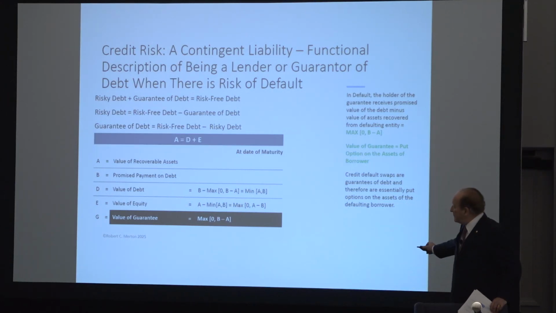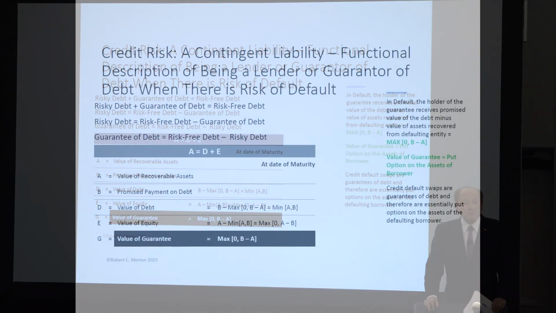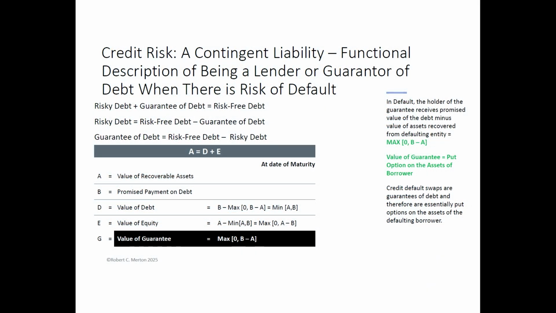If you look at that formula, you immediately notice that that's a put option by any other name. Maximum 0, some fixed number, the strike price, if you like, B, $1 billion or 10, minus whatever the assets are worth on recovery. So the first thing we've learned is, independent of any model, it's not Black-Scholes or any of those, structurally, a guarantee is a put option.